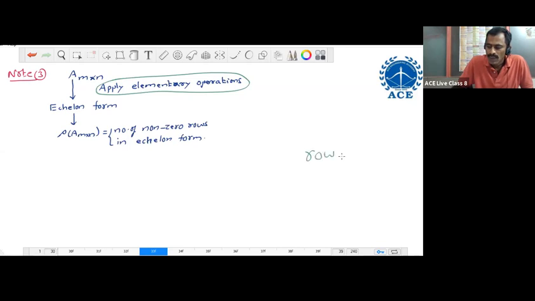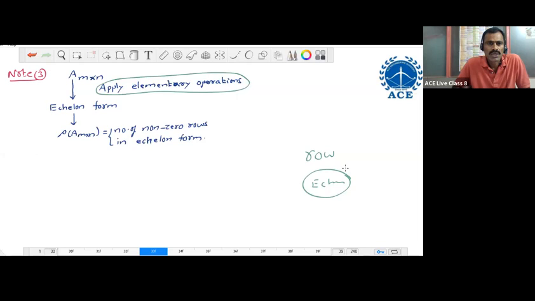By applying only row operations, if we find echelon form, such an echelon form is called row echelon form. By applying only column operations, if we find echelon form, then such an echelon form is called column echelon form. So we have two types of echelon forms.